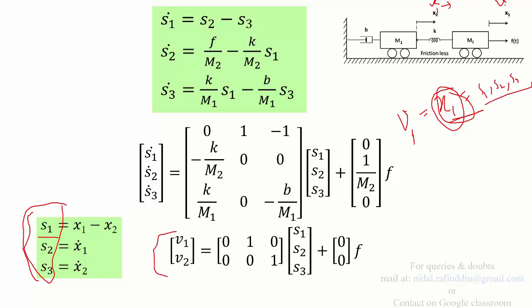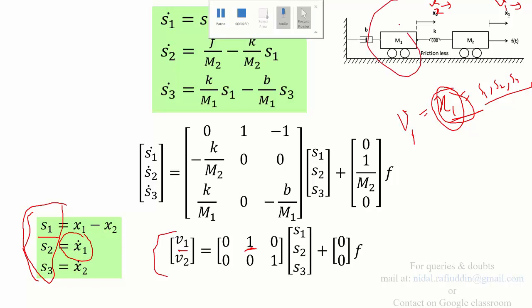So v1 is nothing but x1 dot, and since x1 dot is nothing but S2, v1 can be written in terms of S2 like this. Likewise, v2, which is the velocity of mass m1, is equal to x2 dot, which is written here equal to S3, and that is why v2 can only be written in terms of S3.